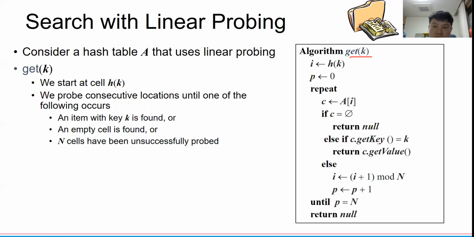If not, then you get the key k and then get the value, and you repeat until p equals n. So if we do get(k), it means we start at cell h(k) and then we probe consecutive locations until one of the following occurs: an item with key k is found, or an empty cell is found, or n cells have been unsuccessfully probed. Okay, so it's for the searching.